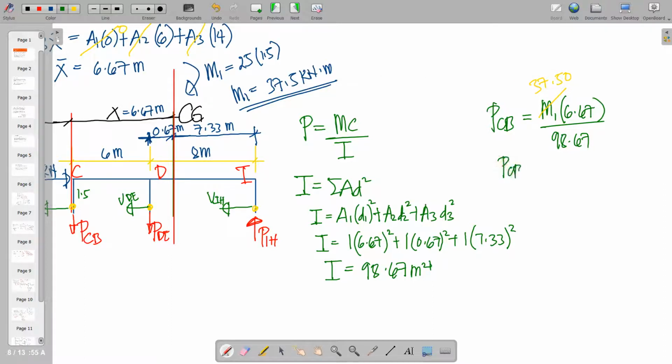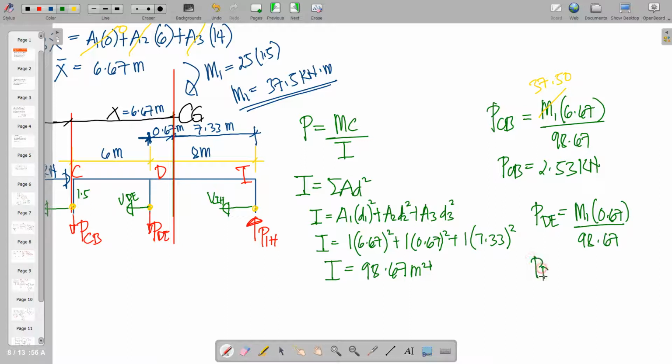So PCB is equal to 2.53 kilonewton. We do the same for DE. We have M1, and the distance of DE from the centroid is 0.67, divided by 98.67.